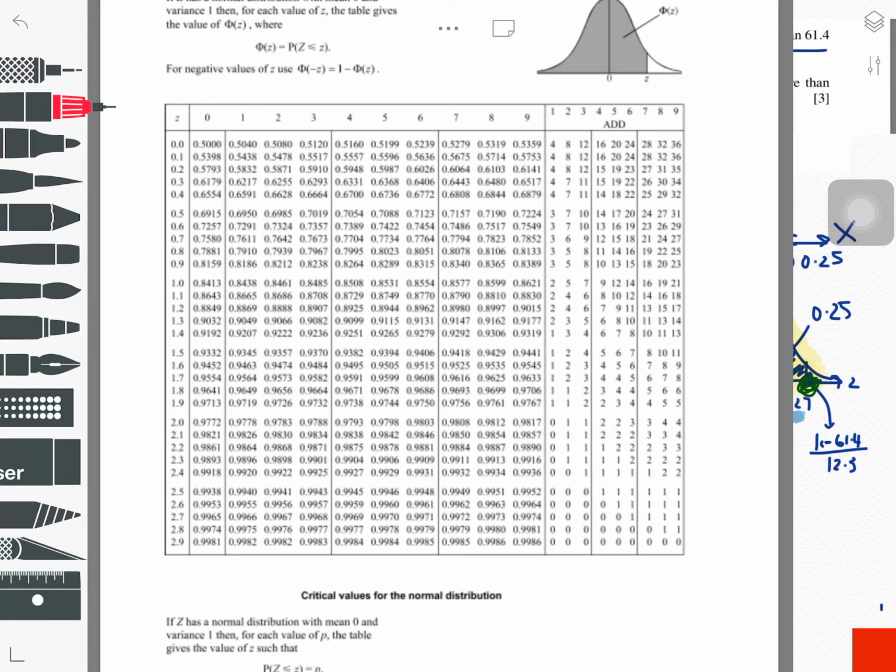Where is 0.86512? Now the closest is this, 1.1 and 0. I need another 8.